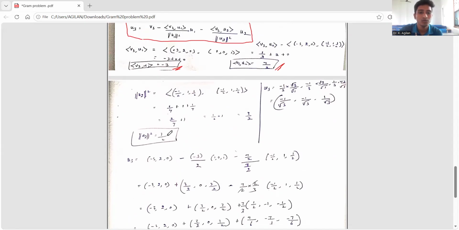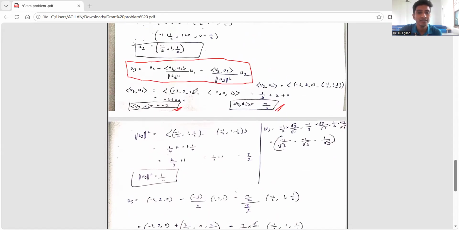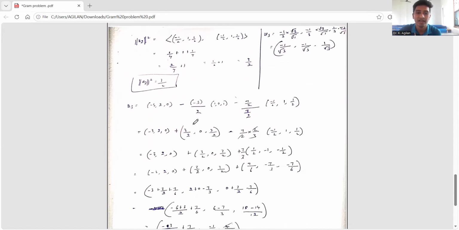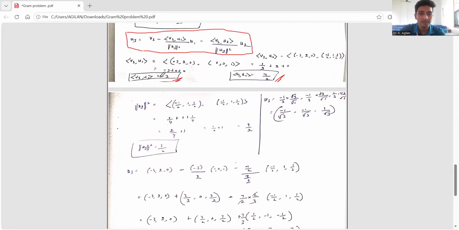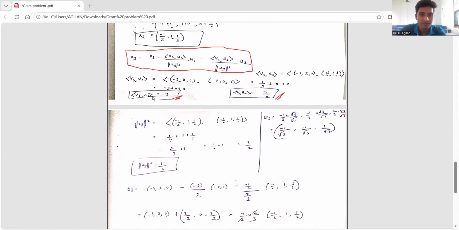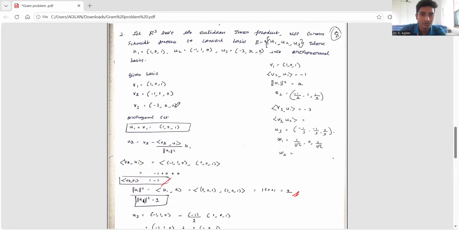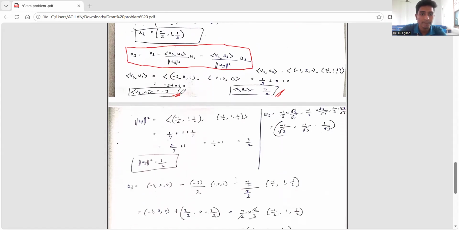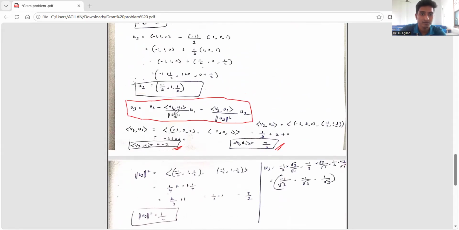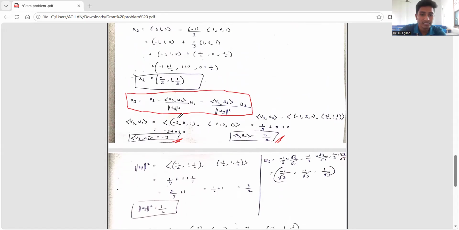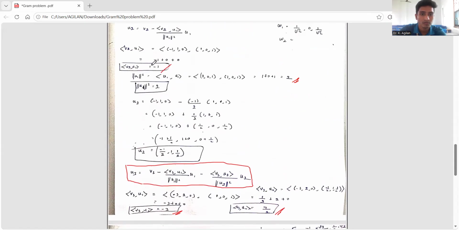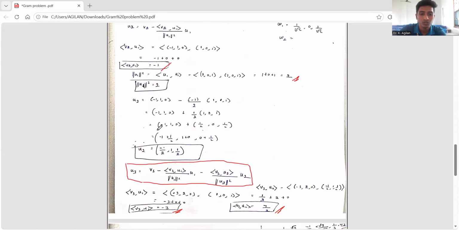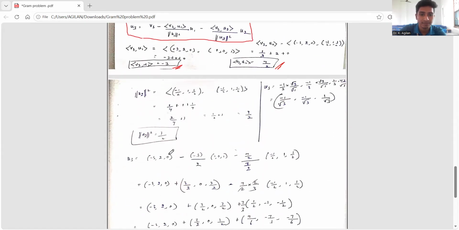Okay, so substitute all these values in U3 and we can get the U3 value. What is the V3 value? Substitute in the formula: V3 is minus 3, 2, 0. Then the inner product of V3, U1 is minus 3, divided by the norm of U1 square, which is 2.